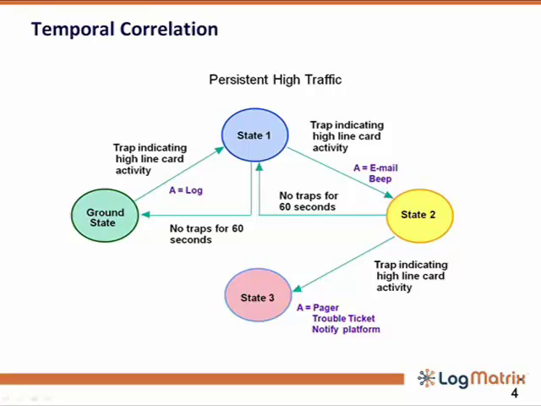The second timer would be on the transition from state 1 into state 2, telling it to take me back to state 1, and I would cause the transition to go back to state 1 when the 60 seconds times out. On that input that I just described, that no traps back to state 1, I would also want to set a 60-second timer there to take me back to ground if nothing happens in that state for 60 seconds. So I would have to create 3 separate timers here.